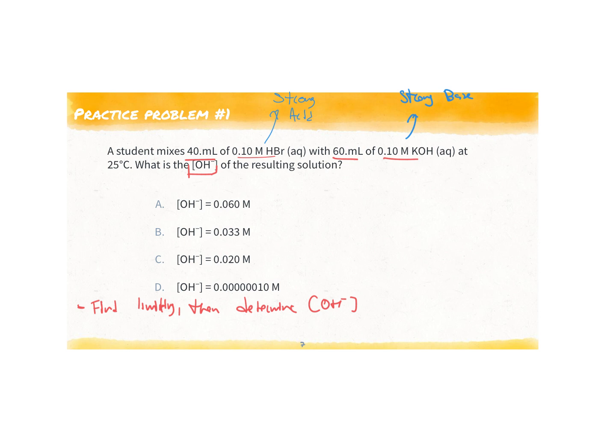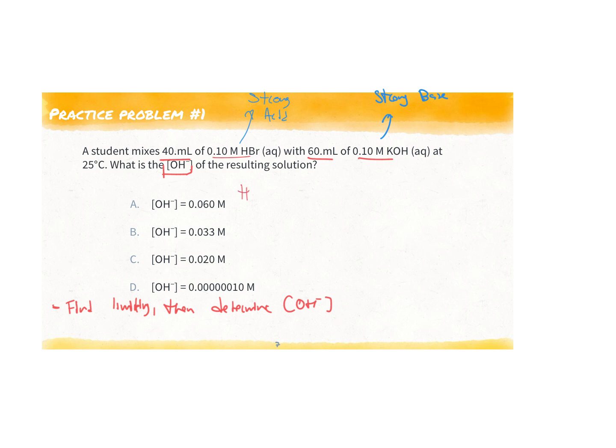So if we look here, we have 40 milliliters of 0.1 molar HBr. If we want the number of moles of HBr, that's just going to be 0.040 liters times 0.10 molar. And we can do the same thing for KOH. So the number of moles of KOH is just 0.060 liters times 0.10 molar KOH.